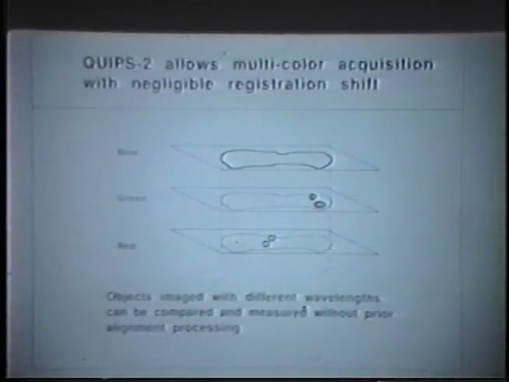Now, since we're interested in such things as proximity, it's really important that we have negligible registration shift. And in most light microscopes that you buy commercially today, if you change filters in the optical pathway, you will move the position where the image comes out on the camera so that the green image, for example, is not in proper registration to the red.